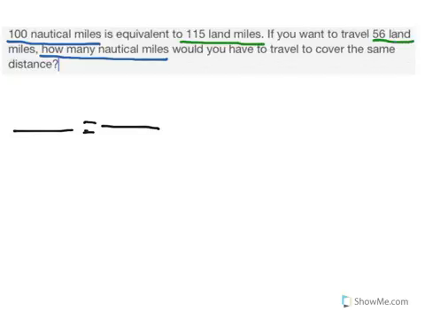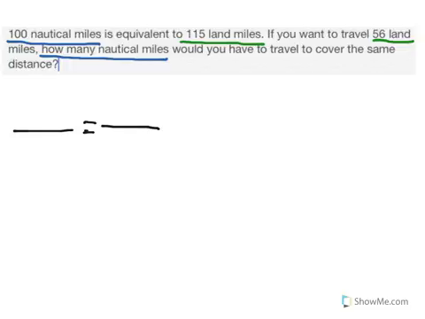land miles. So the way that I'm going to set up this proportion, and there are a bunch of other ways you can do it, so it's totally possible that you could set up your proportion completely differently from mine and still come out to the same answer. So if you do that, that's super awesome. Go with whatever makes sense to you. But I'm going to say that first sentence gives us a direct comparison between land and nautical.